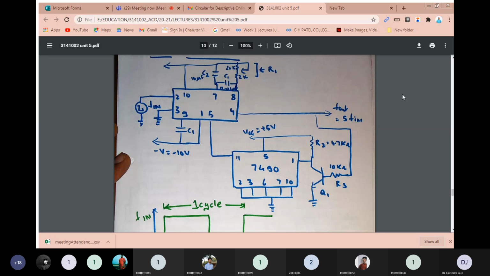Second point: the output of the divider is locked to Fin. Third point: the VCO is running at a multiple of Fin.